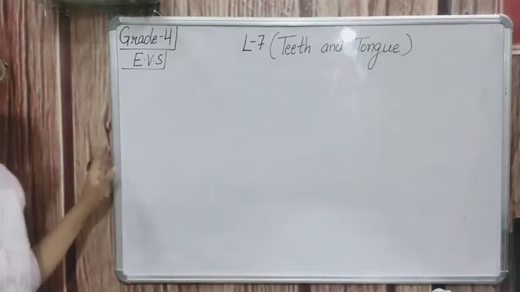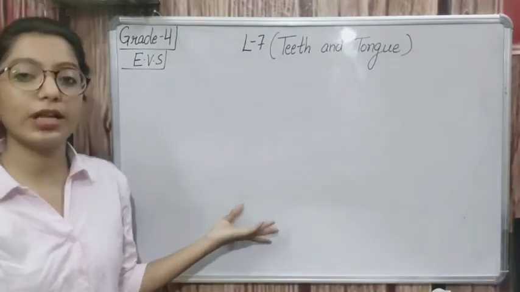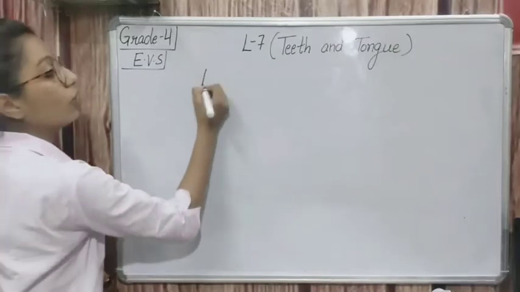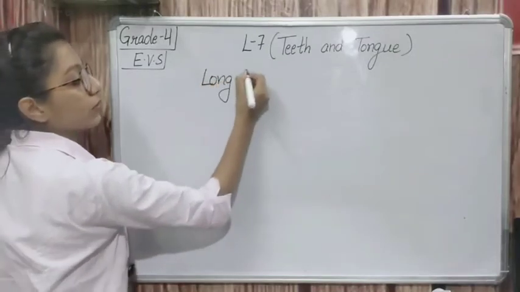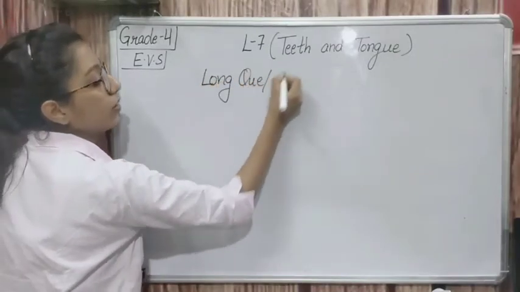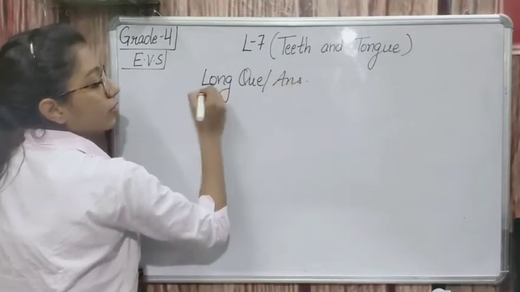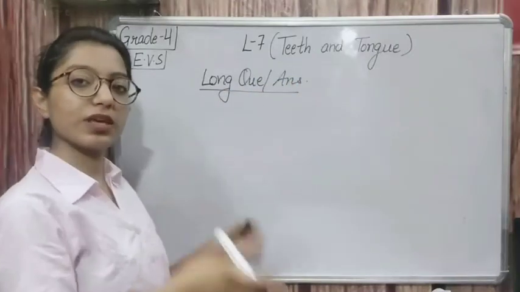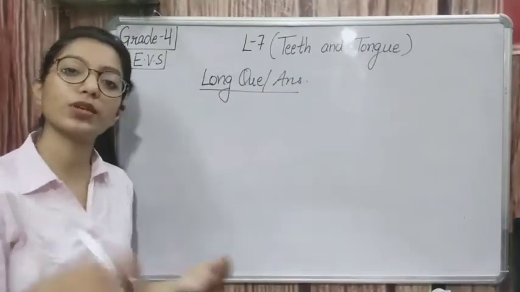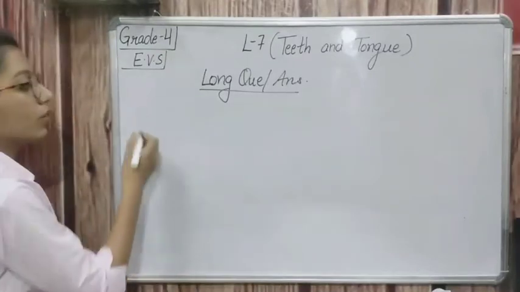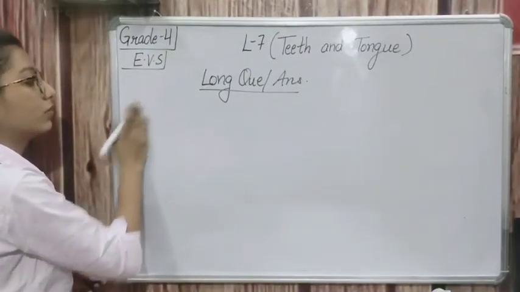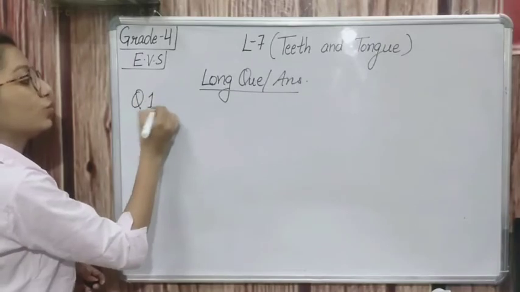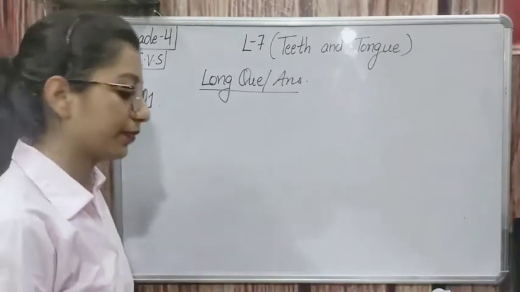Yes, okay students, now after the short question answers, make a heading of long question answer. If you are having space under the short question answer, then you can start it from there also. There are 2 long question answers we will do today.